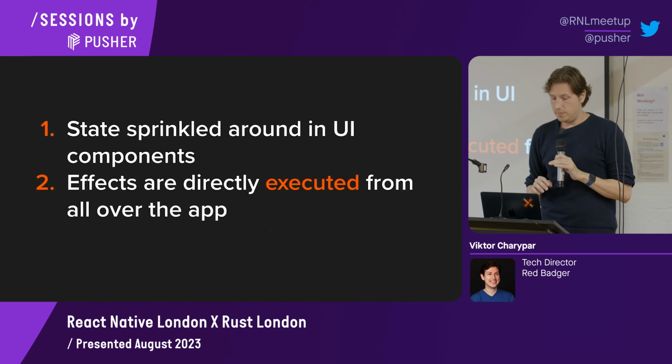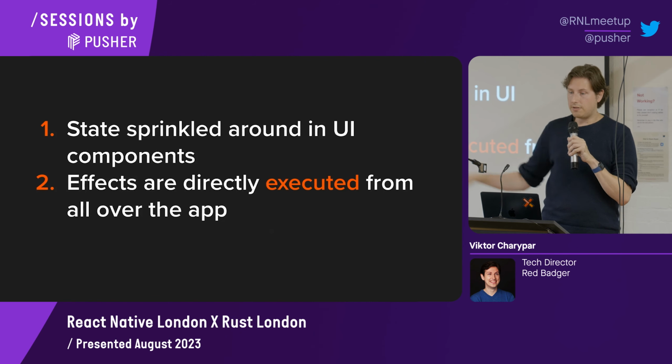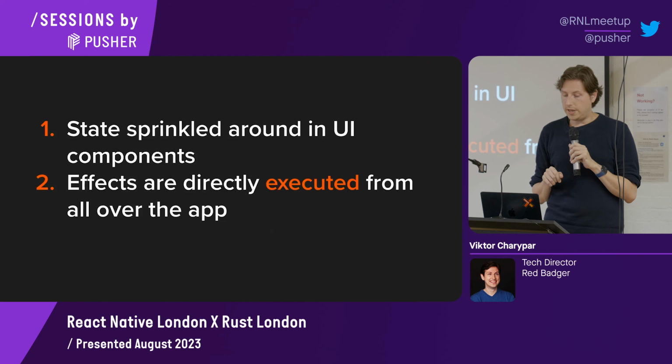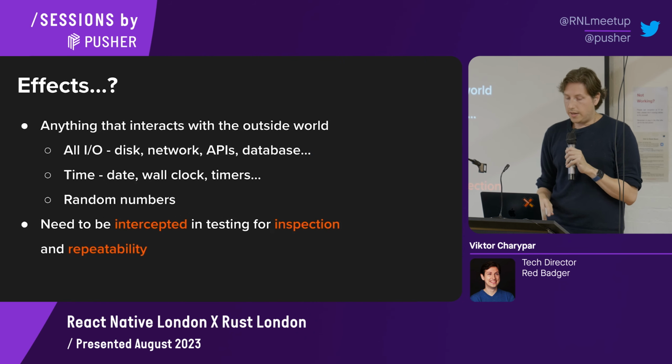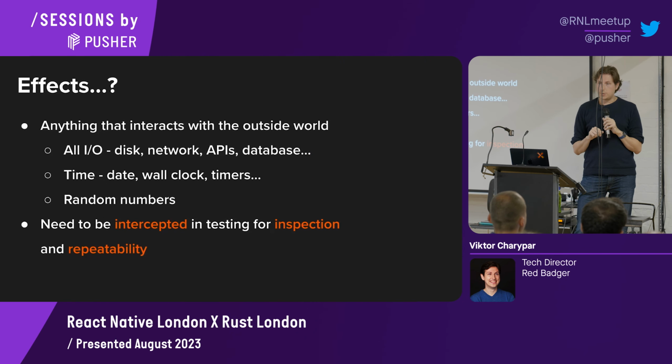And that leads to state management being sprinkled around everywhere, and effects being directly executed from all over the place. When I say effects, I mean anything that interacts with the outside world.